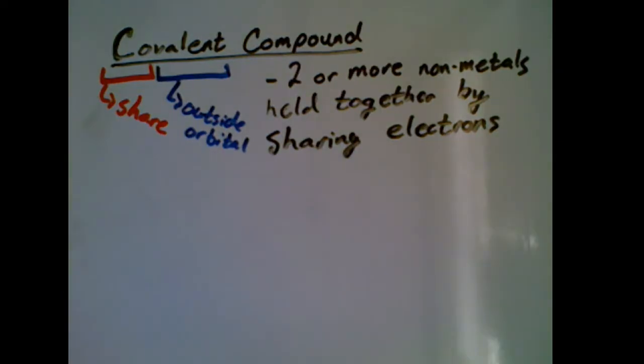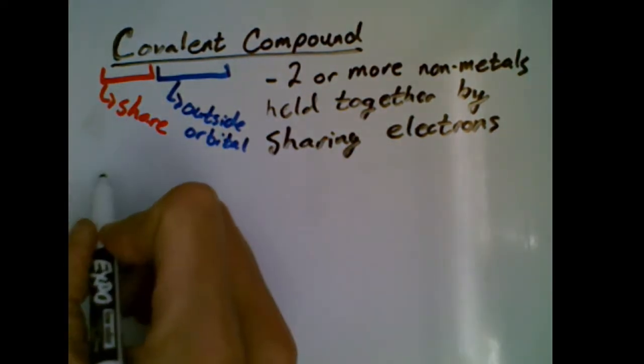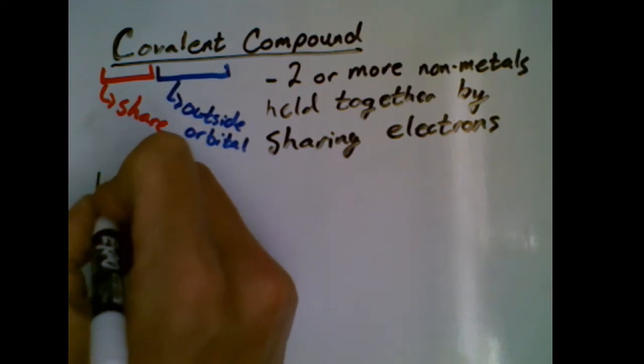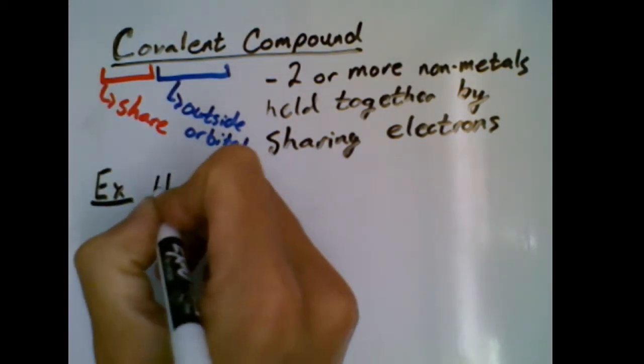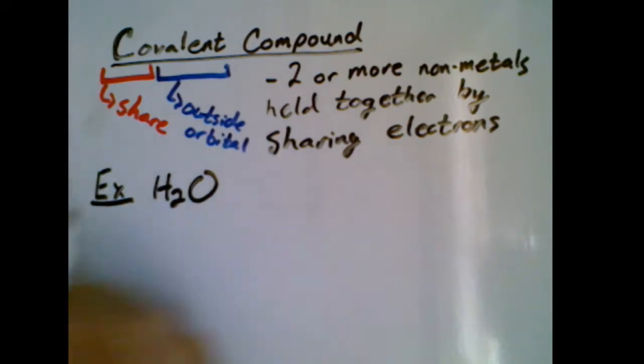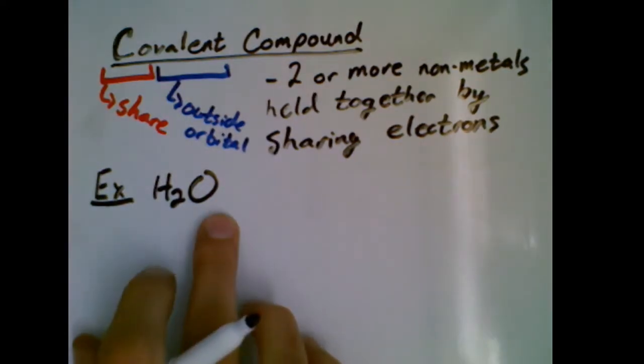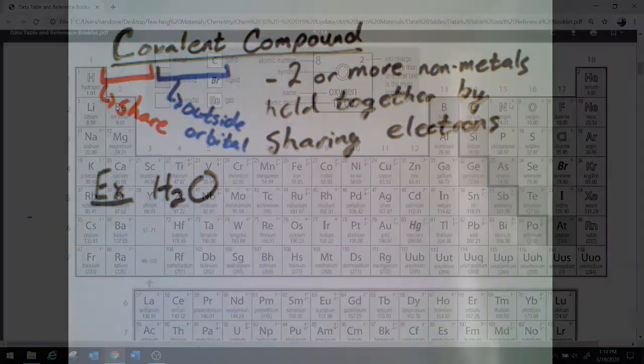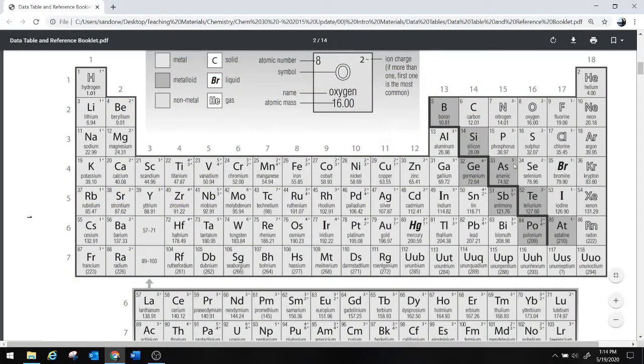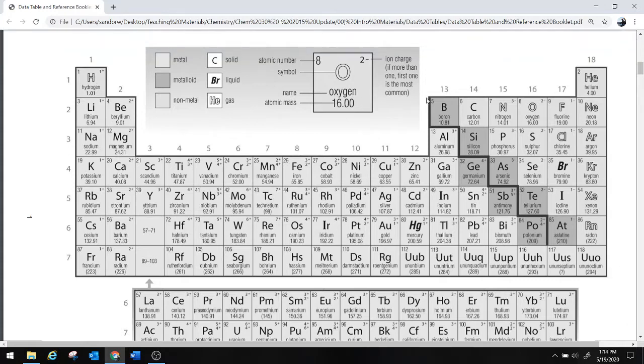We're going to do an example that you're probably pretty familiar with, and that is water, H2O. Now you may be thinking, okay, H2O, that's not a metal and a nonmetal. Well, if you look at your periodic table, remember the nonmetals are on the right-hand side of the staircase, but hydrogen is also a nonmetal. If you imagine this staircase actually runs all the way across the top and divides right there as well, that's probably a more accurate view.